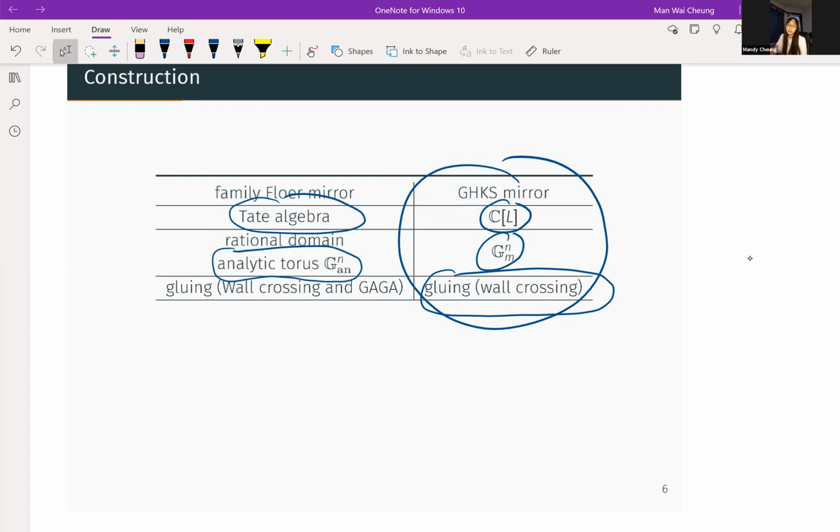And then we do the same thing, which is we glue those analytic tori by the wall crossing, which here is actually kind of easy because in this case the wall crossings are just algebraic. So we can use GAGA to lift the gluing from here to the analytic side. So with Yushan, this is what we have.